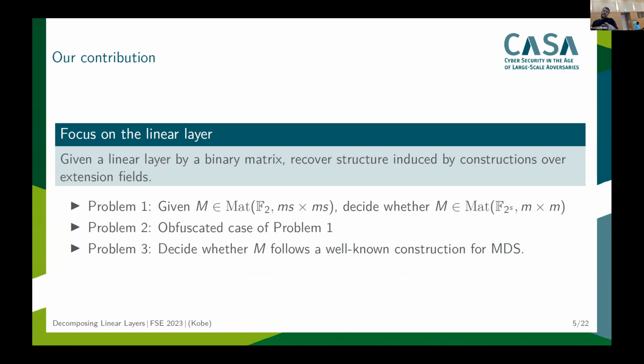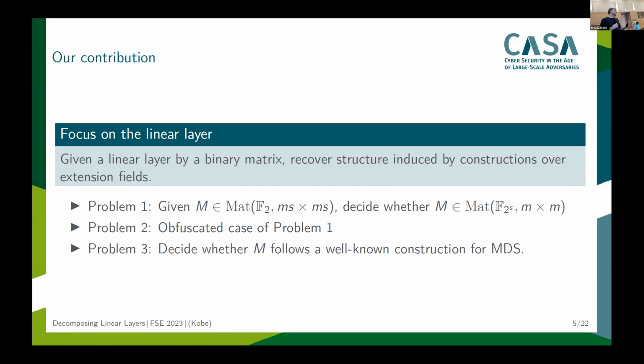If we further structure this into 3 problems, the first one is exactly this: given a binary matrix, how can we decide if this actually is better represented as a matrix over an extension field? The second part is an obfuscated version of the first one, and I'm going to explain what I mean by obfuscated version later. And then the third one is a follow-up question.